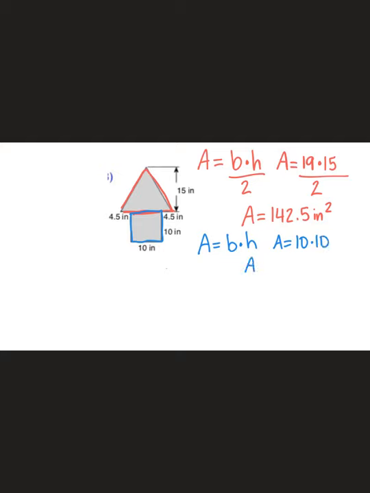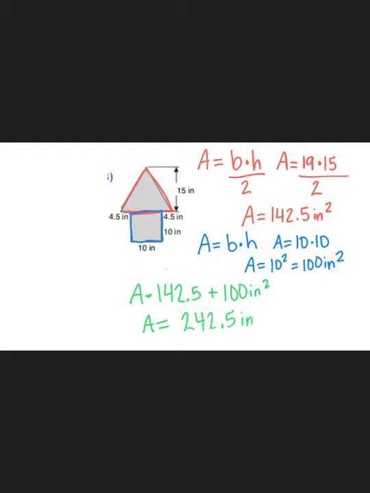And so therefore I know that the area of the square, which is 10 squared, equals 100 inches squared. And so now to find the total area of the arrow or the compound figure, I can write the number sentence 142 and 5/10 inches squared plus 100 inches squared. That's a total of 242 and 5/10 inches squared.